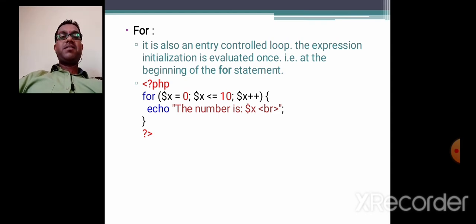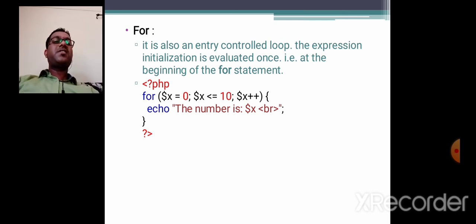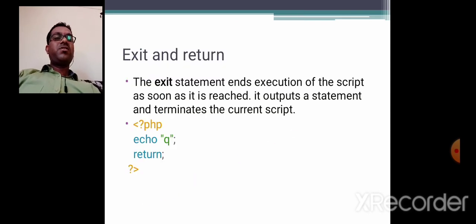For $x equals 0, that is the initialization. $x less than or equal to 10 is the condition. And finally $x++ is the increment. The number is $x, meaning x is incremented and printed until the condition is met, that is, x is less than or equal to 10.